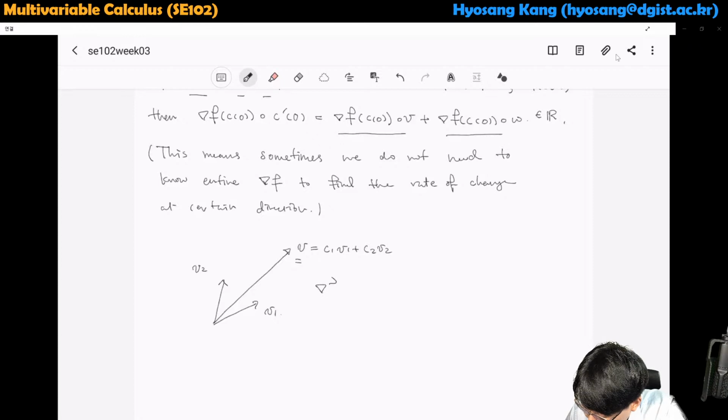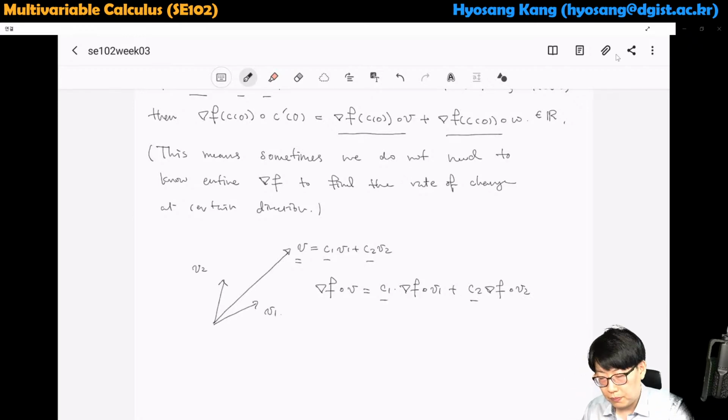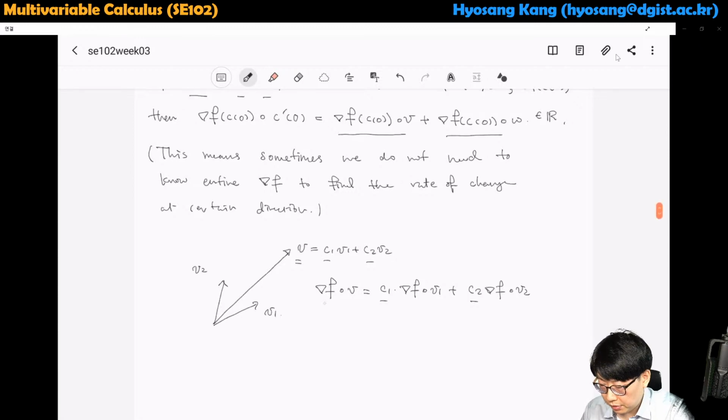Then for this rate of change, you simply take the results you obtained in the directions of v1 and v2, and take the linear combination with the same coefficients c1 and c2. Since c1, c2 can be arbitrary, you can describe the entire behavior in two-dimensional vectors.